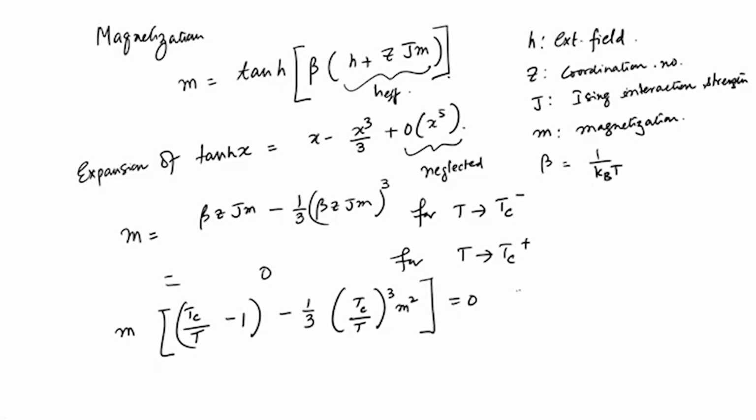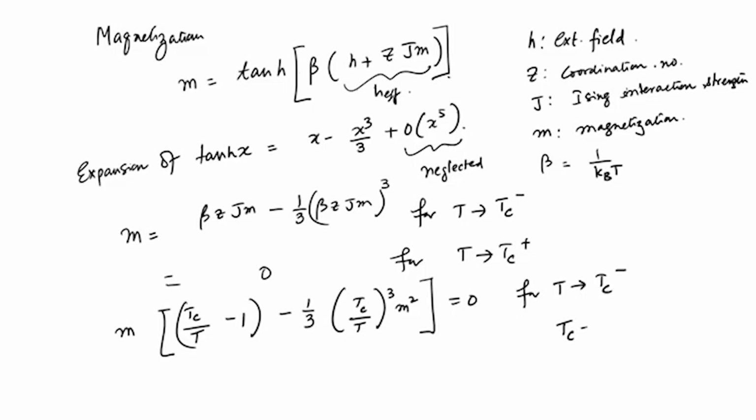This is for the limit where m is non-zero, because m equal to 0 does not make sense. So, it is T going to Tc from below, and this equation has to be solved in order to get m as a function of T for the temperature very close to Tc, but approaching Tc from below.